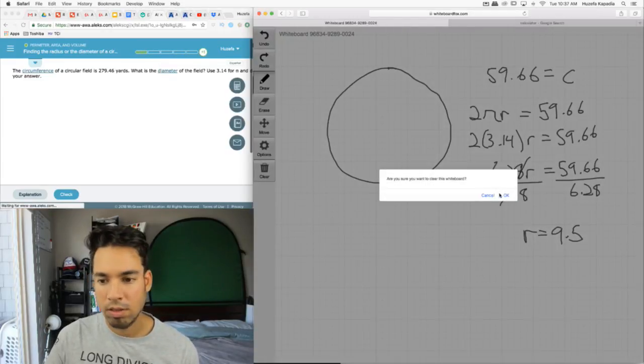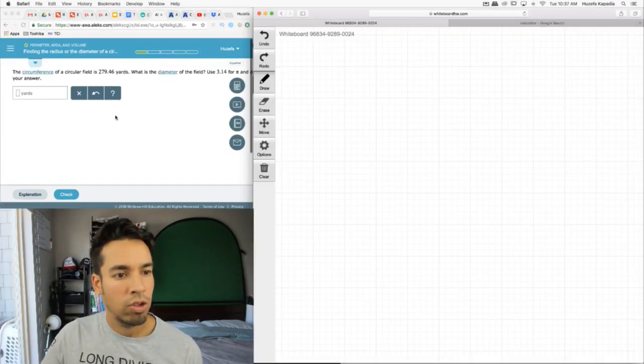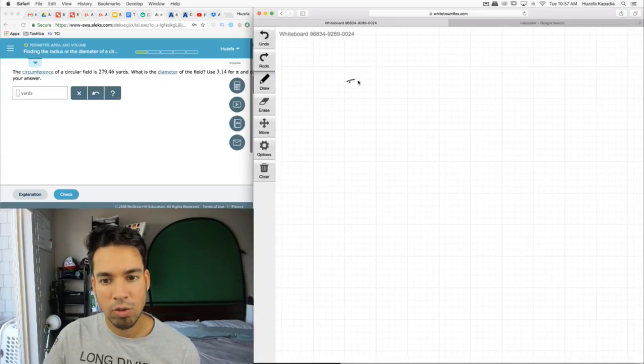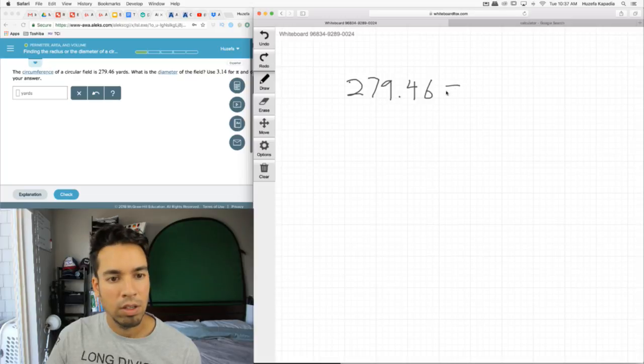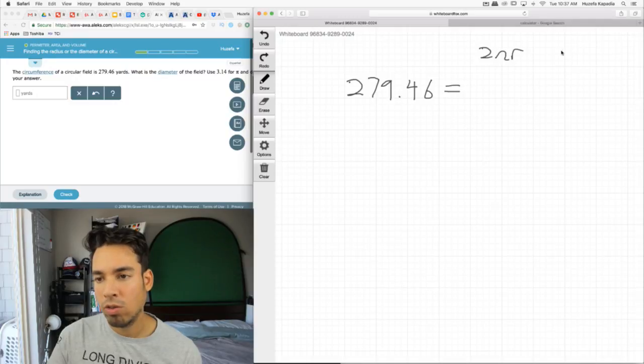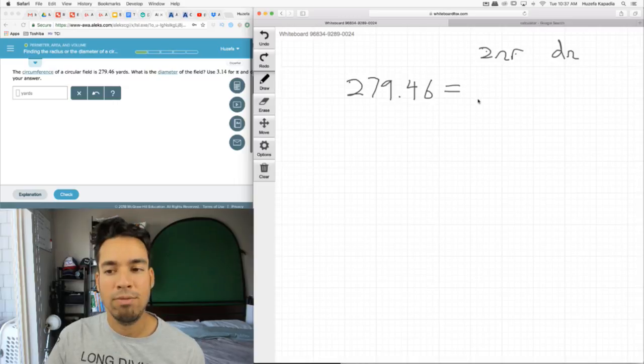Okay, next. The circumference of a circular field is 279.46. What is the diameter? So we can use that same equation. By the way, circumference is 2 pi r. It's also diameter times pi, because 2 times the radius is diameter. So let's use that formula this time.